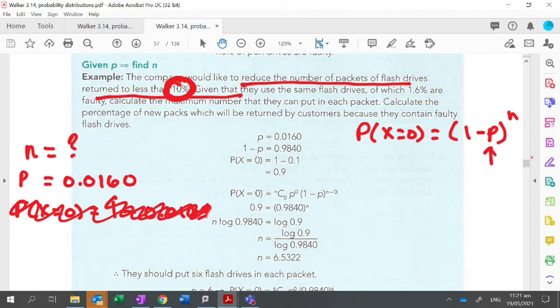And that's just 1 minus the probability, okay? 1 minus, what was our probability that we just found? Right? And then the probability that x equals 0 for our new number, if they want to do it less than 10%, then that means they want everything else to be good, yeah?